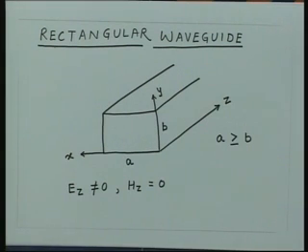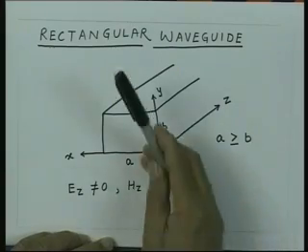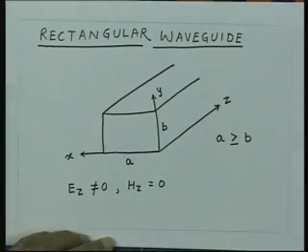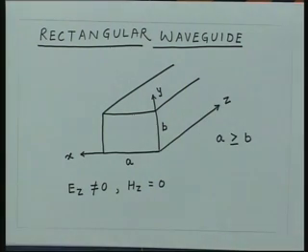We saw in the last lecture that if the transverse fields have to exist, then either Ez or Hz has to be non-zero. So, in this case if I consider Hz is 0, that means the magnetic field is now oriented in the transverse plane, and the longitudinal component, the z component, is only Ez.